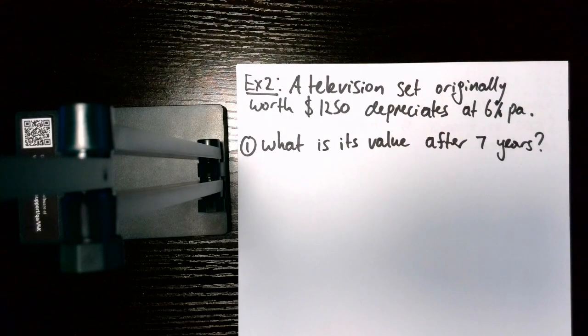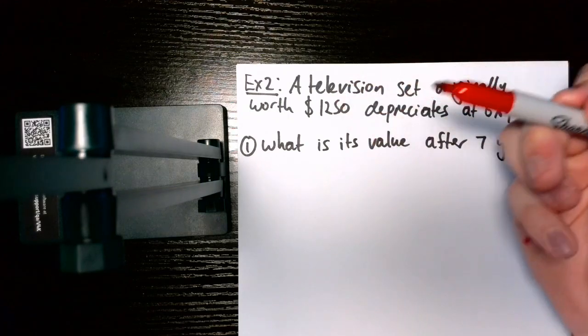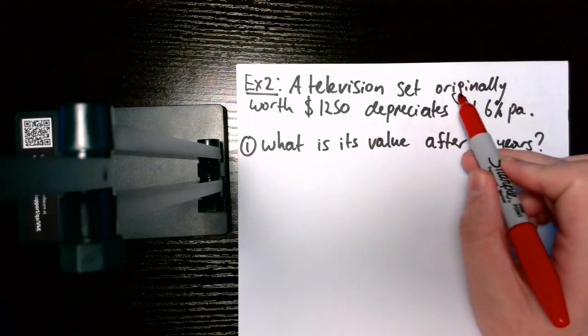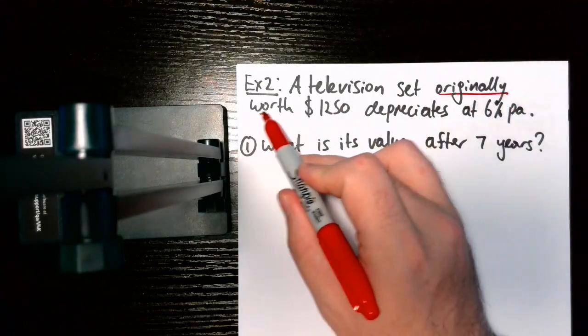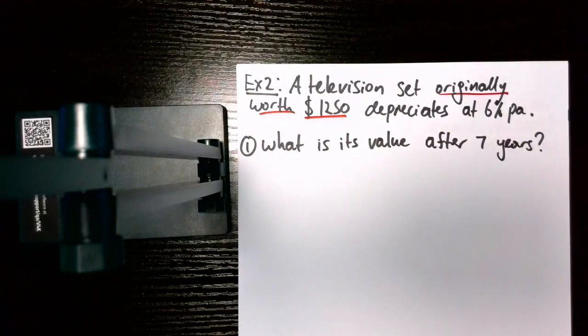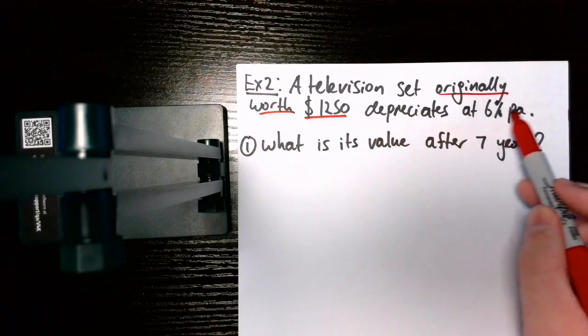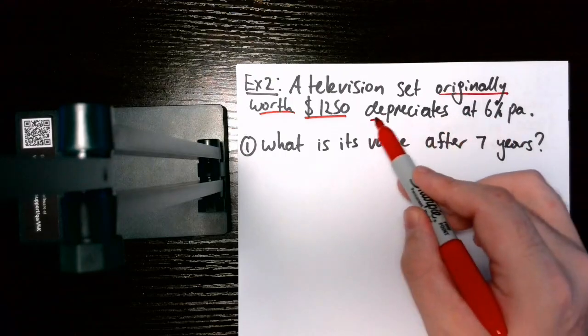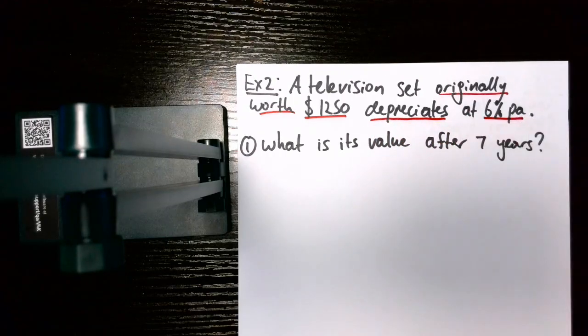And televisions work the same. So let's go through and highlight the question together. It tells us that it originally was worth $1,250 and it depreciates at 6% per annum. So it goes down by 6% per year.